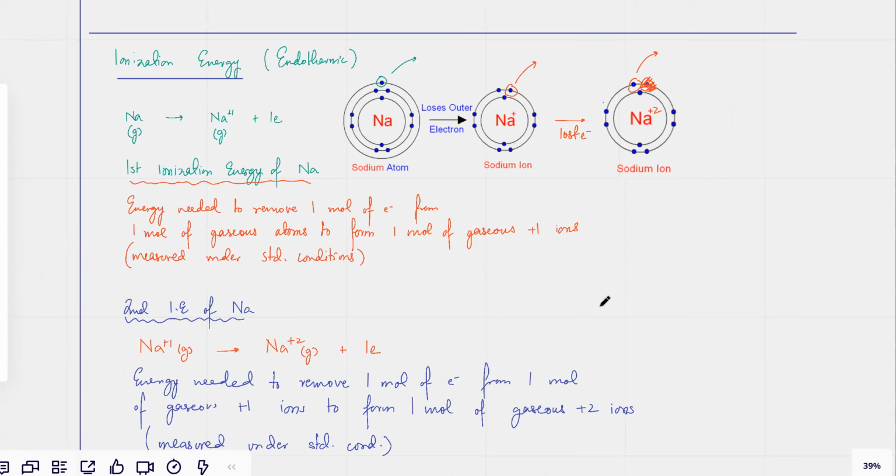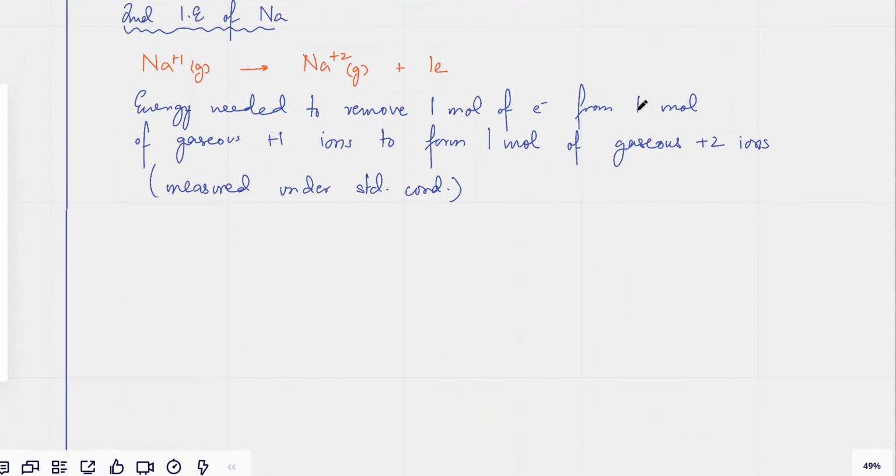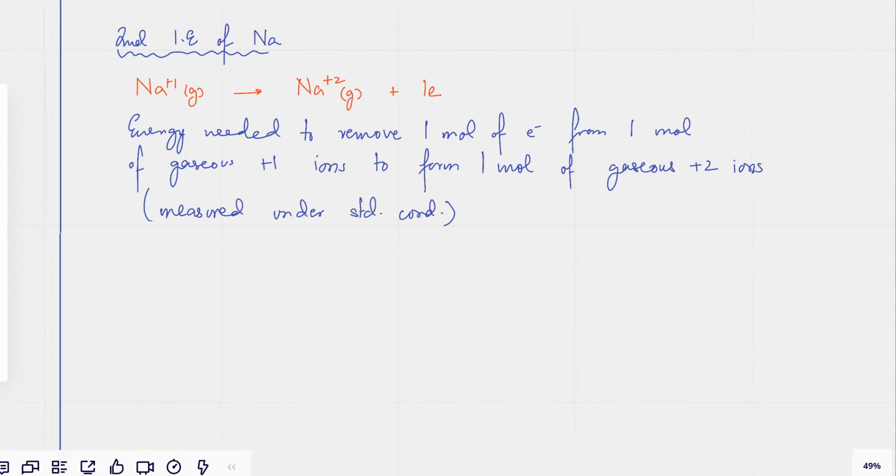Okay, so for any atom, you can have multiple ionization energies. A total of 11 ionization energies would exist for sodium. Like if I ask you what's the equation for the 7th ionization energy of sodium. So what that means is that 6 electrons have already been removed.